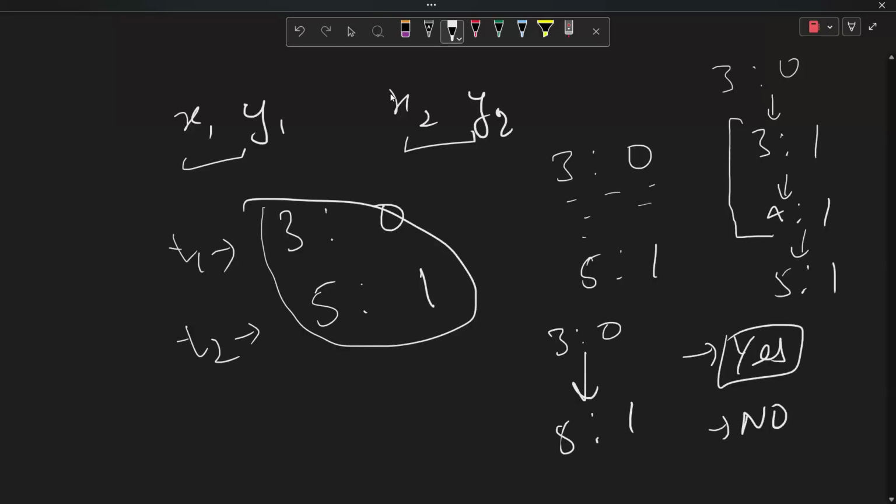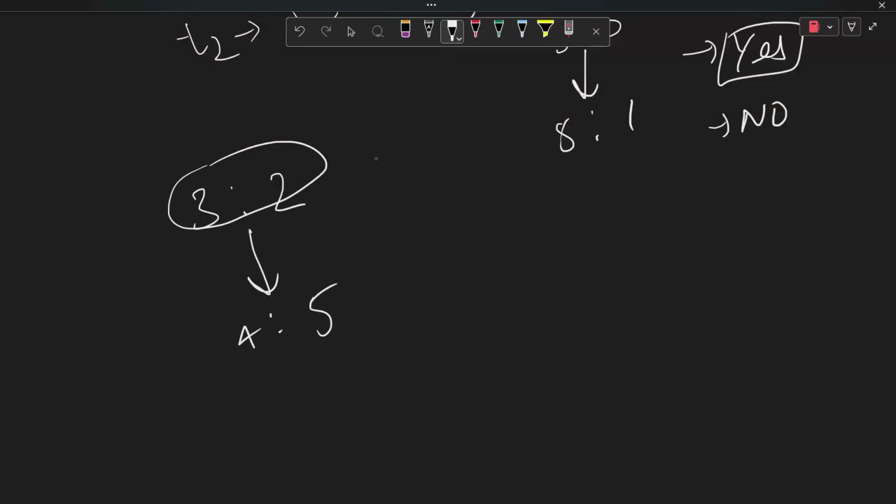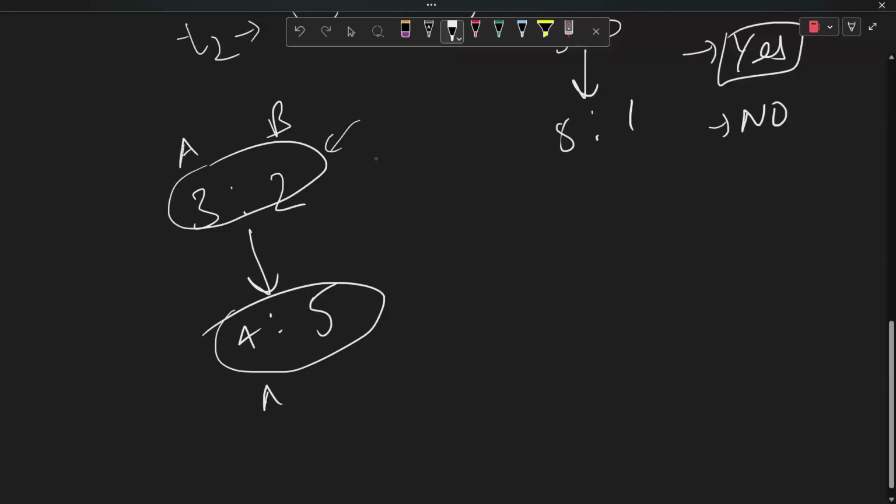What does it basically mean? Let's say you have the score 3:2, and the final score is 4:5. To reach from 3:2 to 4:5, consider that in 3:2 team A is leading, and in 4:5 team B is leading.